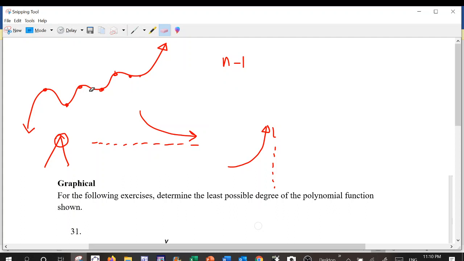So what does that mean? That means if we have, how many do we have? 1, 2, 3, 4, 5, 6. Well, the turning point is actually over here. It's not there. It's going down and goes up. Here we go. So 1, 2, 3, 4, 5, 6.